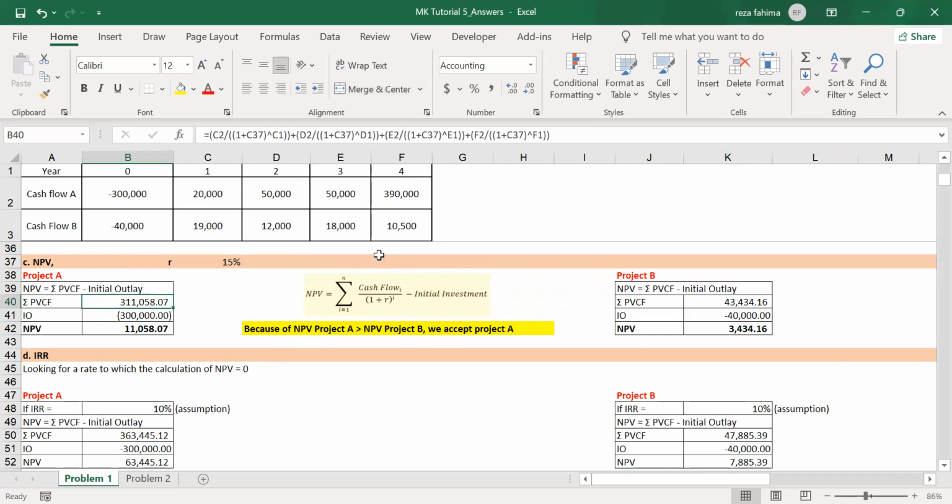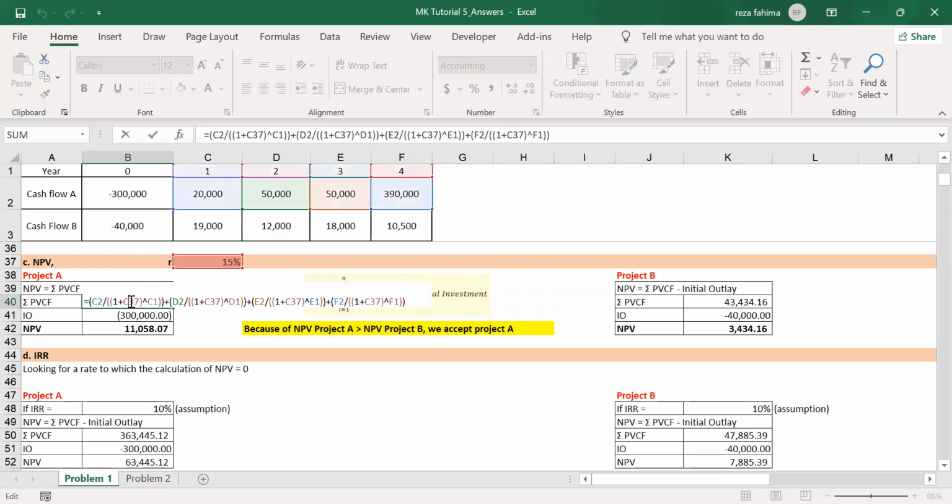With the formula, cash flow divided by 1 plus R in the power of I, like this.